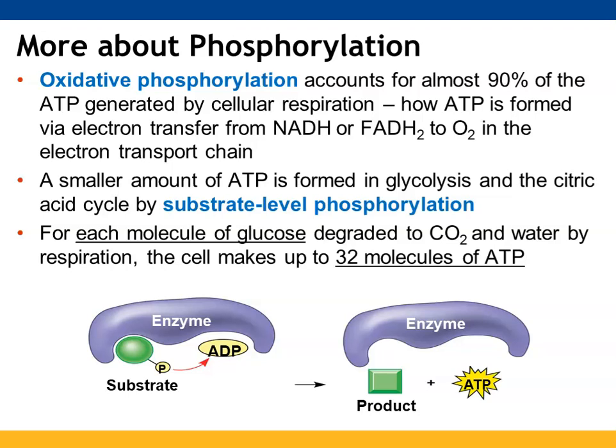What's happening below is an example of substrate level phosphorylation. But generally speaking, every glucose molecule that is broken down into carbon dioxide and water through respiration can make approximately 32 molecules of ATP. It is not an absolute number, and we'll talk about why as we continue through this.